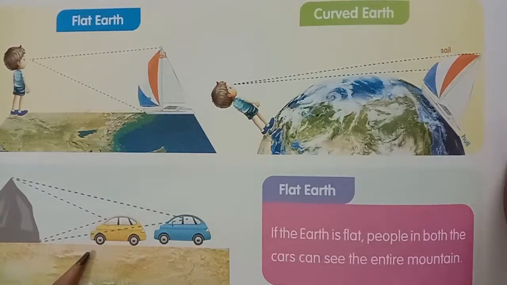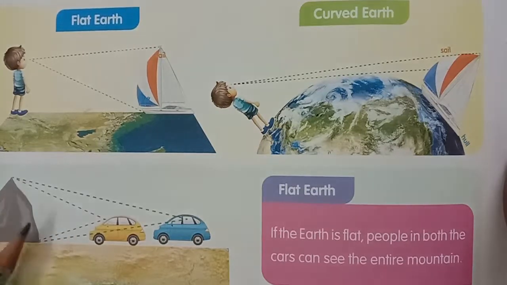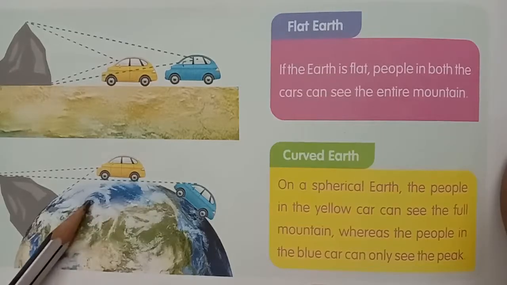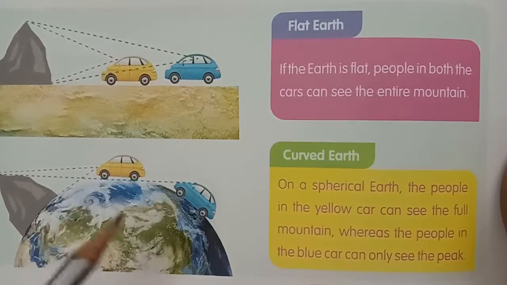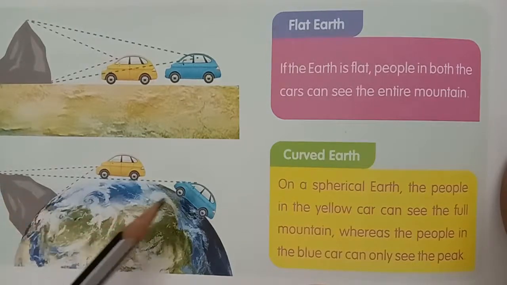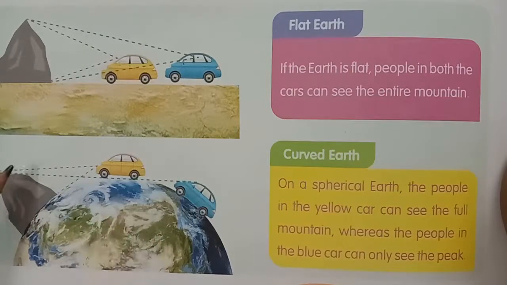Flat earth. If the Earth is flat, people in both the cars can see the entire mountains. Next, curved earth. On a spherical Earth, the people in the yellow car can see the full mountain, whereas the people in the blue car can only see the peak.